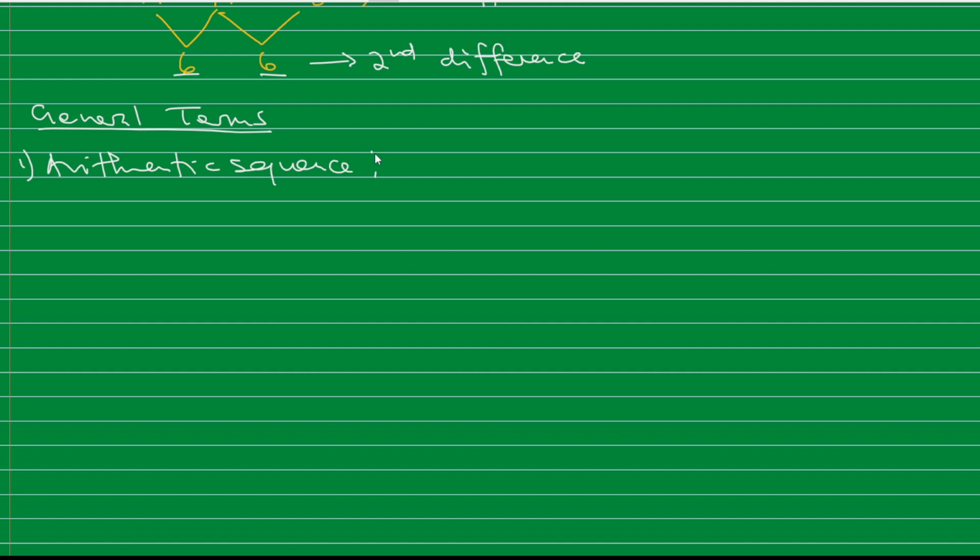We know that the general term is given by Tn is equal to a plus (n minus 1) d. And for a geometric sequence, our general term is a r to the power n minus 1.